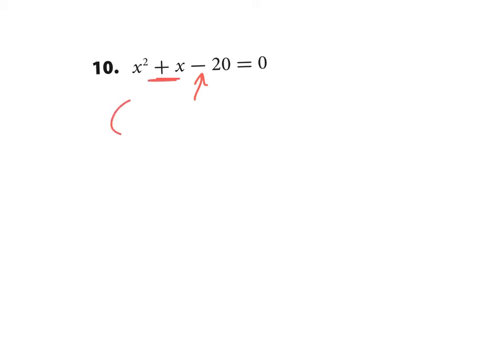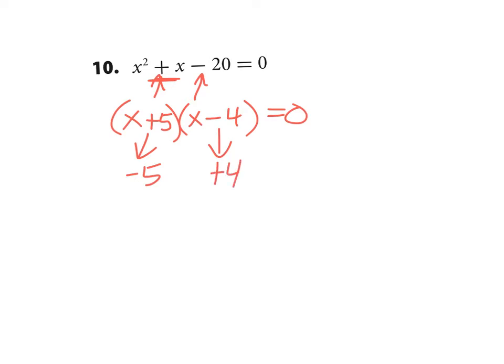Well, that's going to be 5 and 4 because this one is positive, the 5's positive, the 4's negative. So I already have my solutions, -5, +4. This is going to lead into the next lesson, 22.4, which is choose a method to solve. So you don't always have to use quadratic formula in this particular lesson. Think about what is the most efficient and best method.